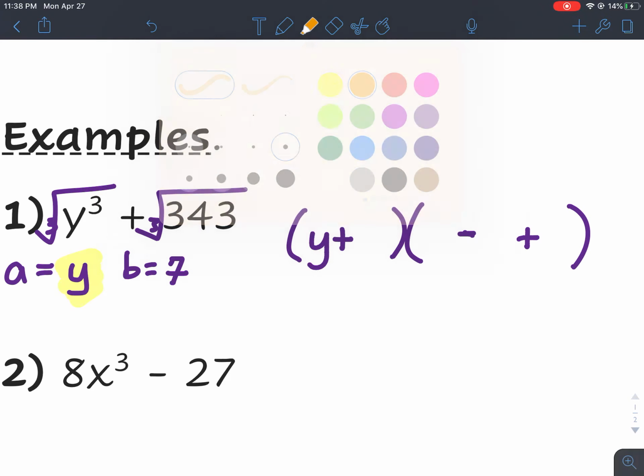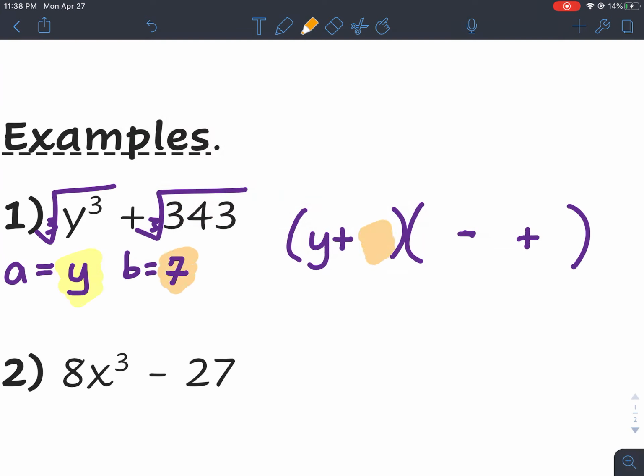And then whatever B is goes here. So that's 7. And then the next spot is A squared. So A was y. Y squared is y squared. And then the next one, we said it was A times B in the formula.